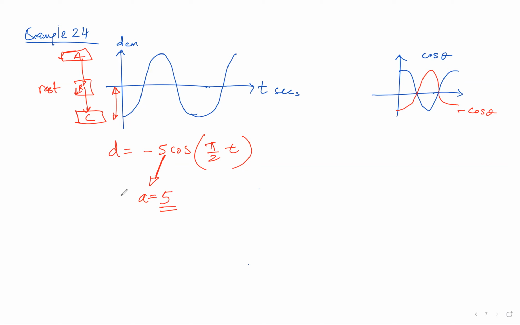That's part 1. Part 2, they ask you, how long does it take for the mass to go from C to A? From C all the way up to A. So it is not a complete revolution, it's not a complete cycle.